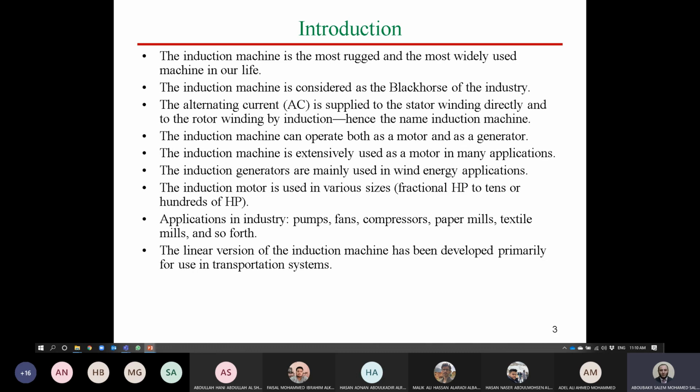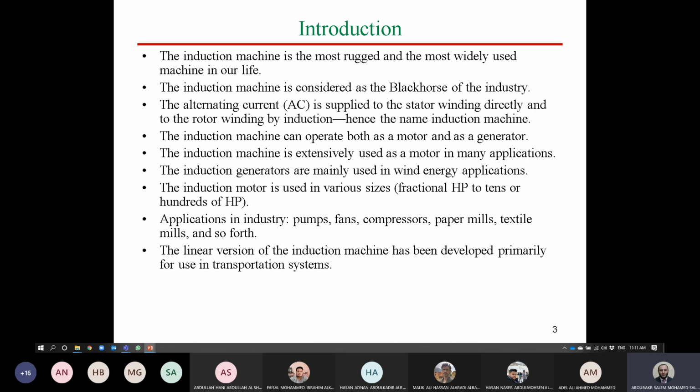We have two types of induction generators, which are the self-excited induction generator and the double cage induction generator, and both of them have been used a lot in wind energy applications. And inshallah, we will discuss later the different types of wind energy generation, and we will find that two or three types are based on induction generators.